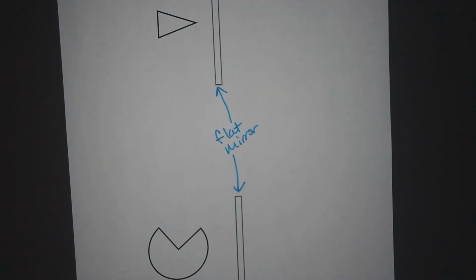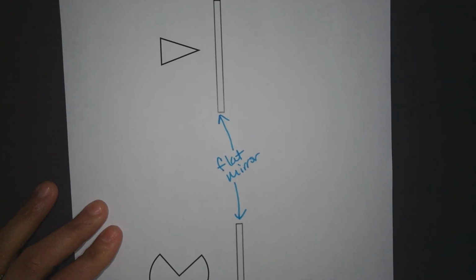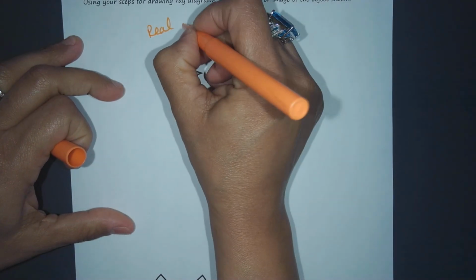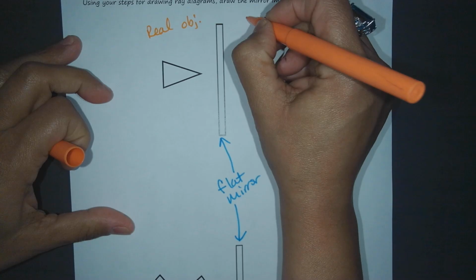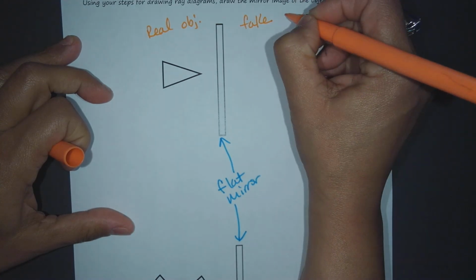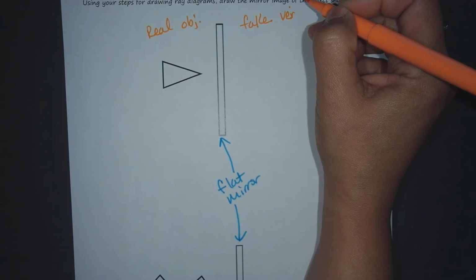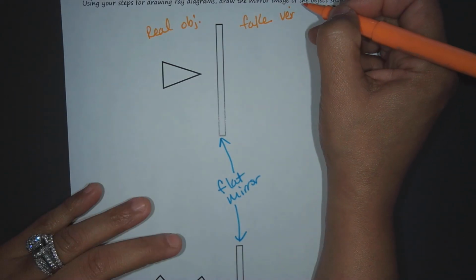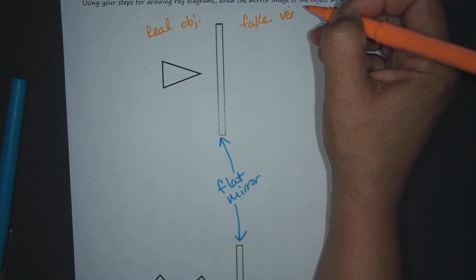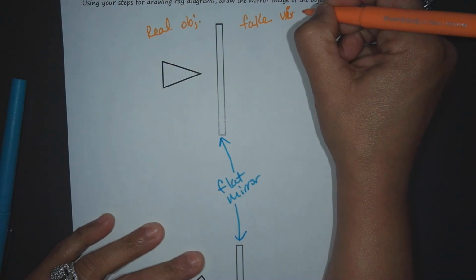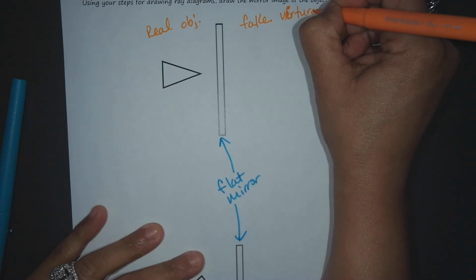And in our notes, we said if it's a plain, smooth, flat mirror, one side is the real object. The other side is going to be the fake virtual image. It's not a V-E, it's a V-I.